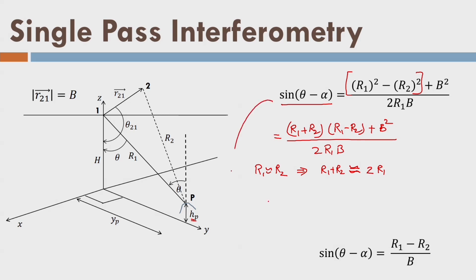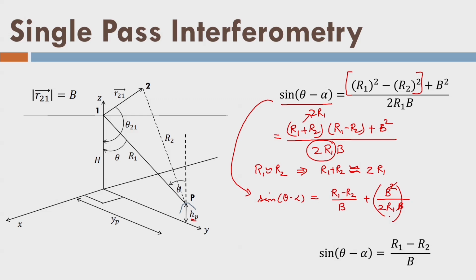The expression here becomes sin of theta minus alpha equals, this is 2R1 and this will be cancelled by this, so I have R1 minus R2 divided by B, plus B square upon 2R1B. So it is cancelled here, and this is B upon 2R1.